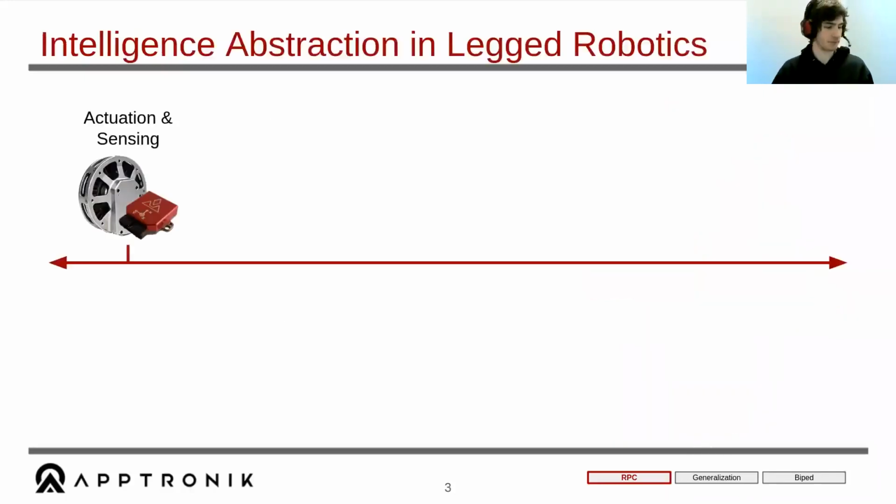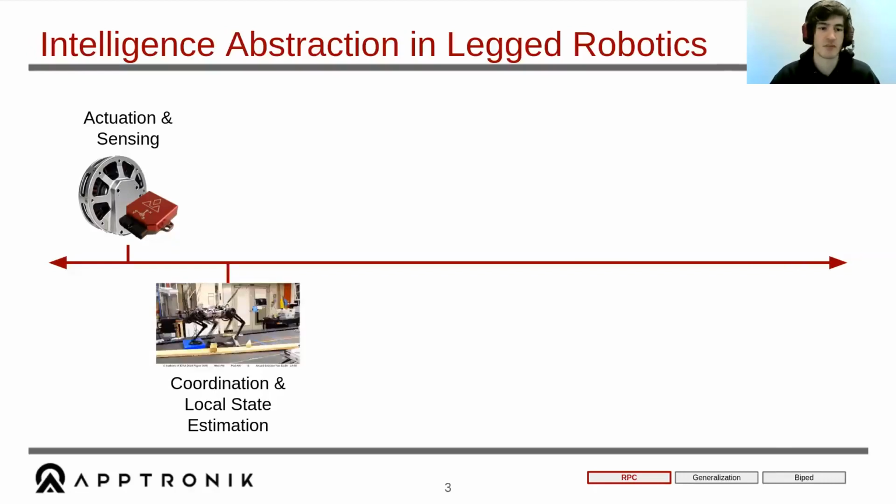So to get started, I want to talk about the intelligence abstraction in legged robots, how I personally approach the legged robot problem, and the different layers there are to a legged robot. The first key component is actuation and sensing. Similar to humans or animals, you have to have good muscles, and you have to have the sensors to be able to operate in your environment.